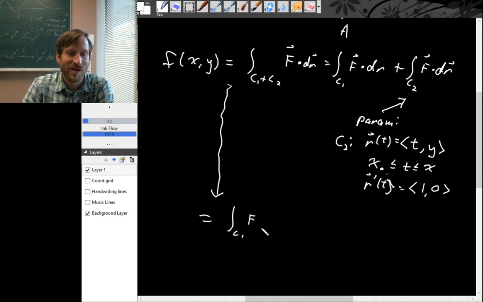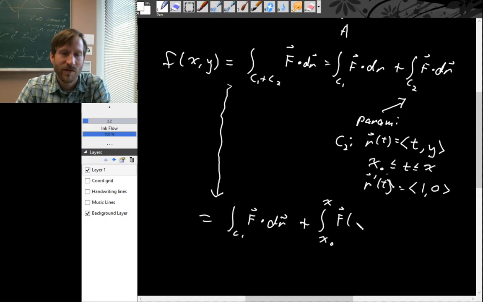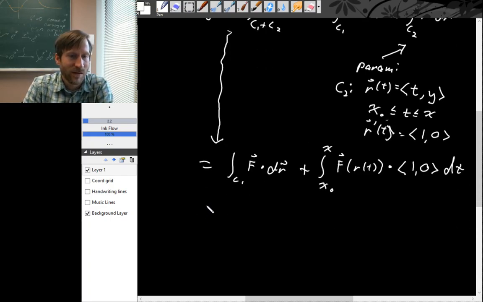So line integral along C1 of f dot dr plus the integral along C2, and the t values for C2 are from x naught up to x of f of r of t dotted with 1, 0 dt.